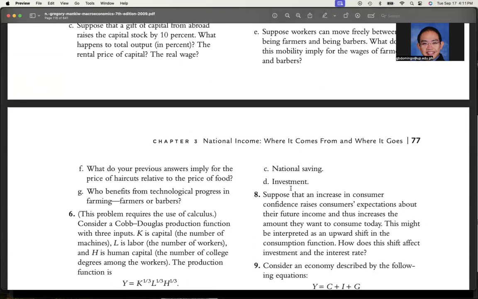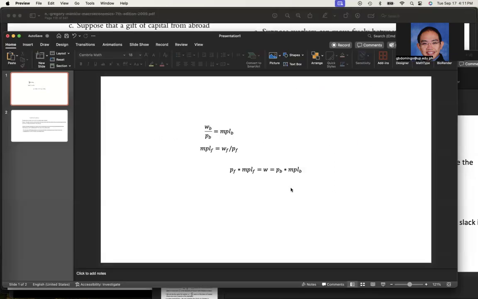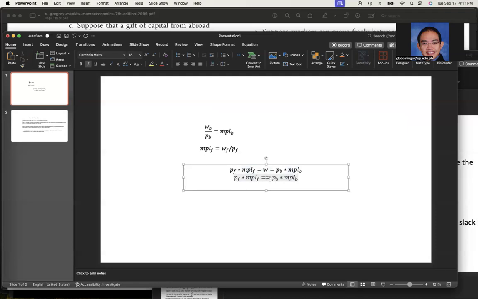What do your previous answers imply for the price of haircuts relative to the price of food? Okay. So what does this mean for the price of haircuts, PB? That's the output of barbers' haircuts. And here's the food for farmers, price of food. So what would this imply for that? So notice all of your previous answers. So all that this basically implies is this one, if you notice.